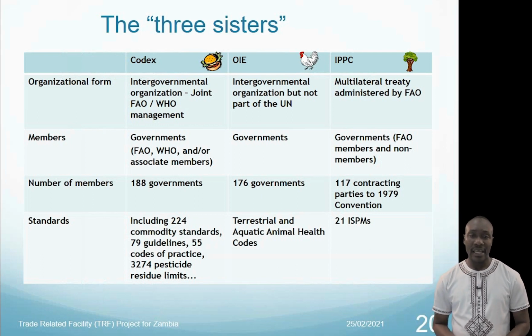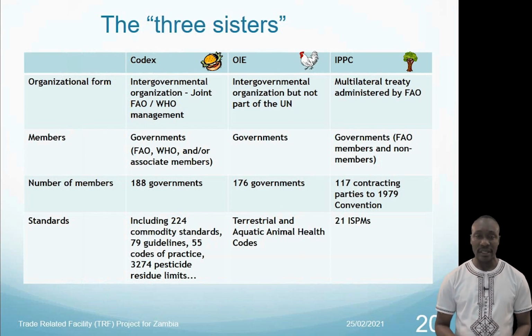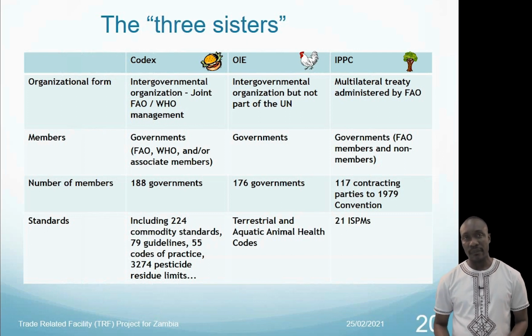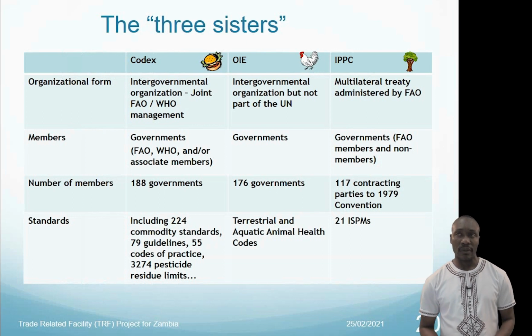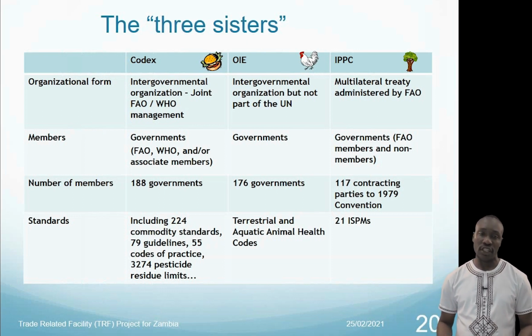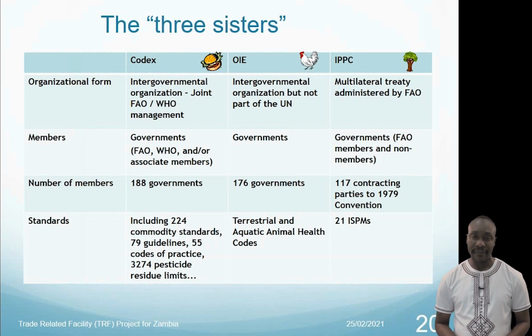For the OIE, you have terrestrial and aquatic animal health codes. And these are really huge documents that look at the value chain approach towards the treatment and protection of animals.